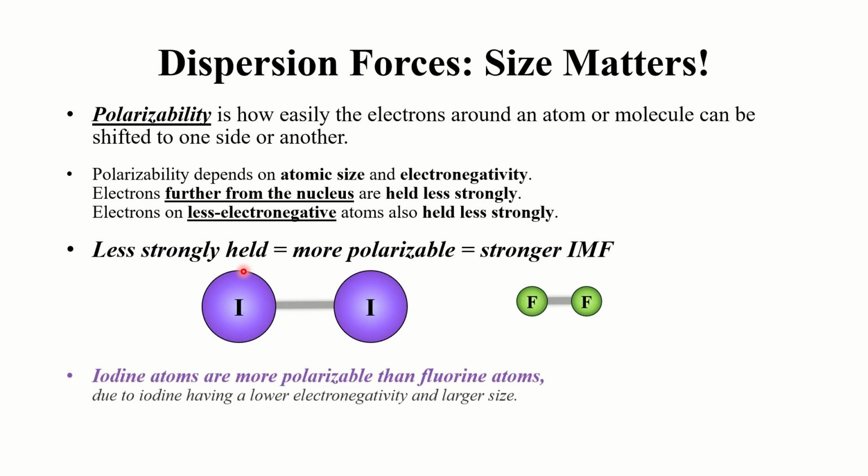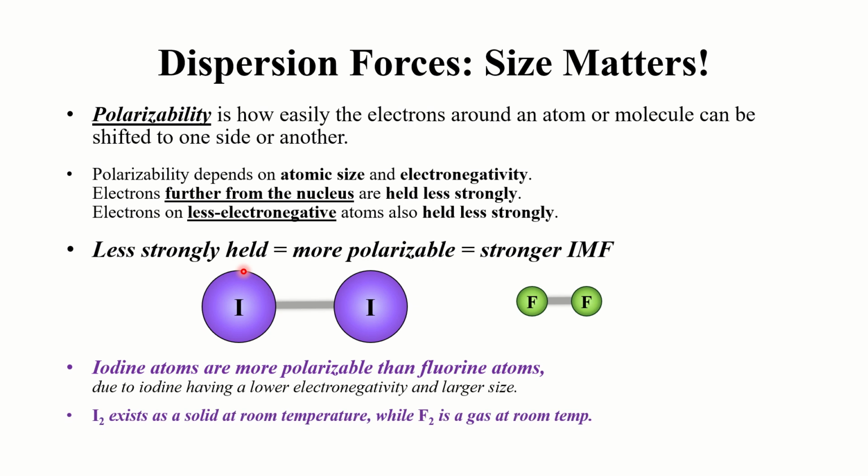So a good example of this would be iodine atoms versus fluorine atoms. So let's say we have the molecule I2 versus the molecule F2. The iodine atoms are much bigger than the fluorine atoms are. The iodine atoms are also less electronegative, right?